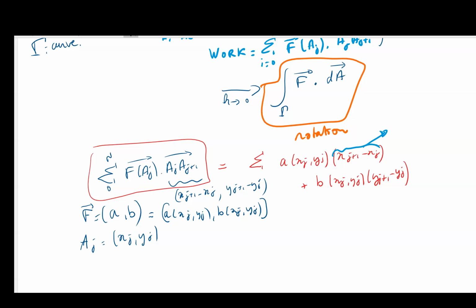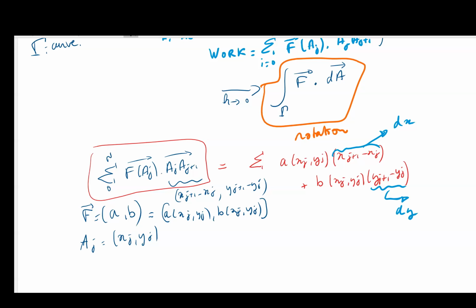These two displacements in x and in y are going to tend to infinitesimal values, and we already have a notation for that. The limit as it tends to 0 is going to be called dx, and that is going to be called dy.